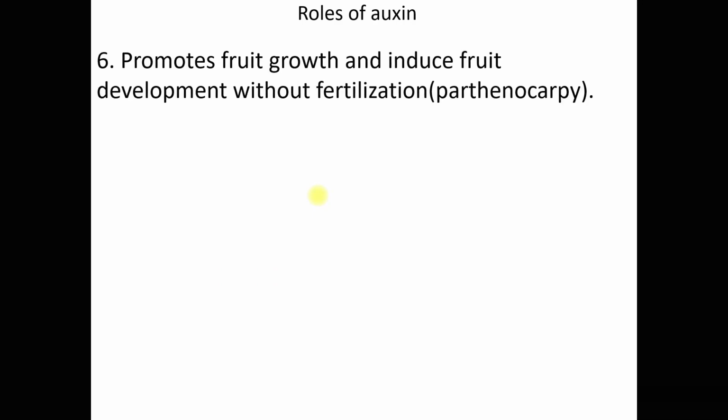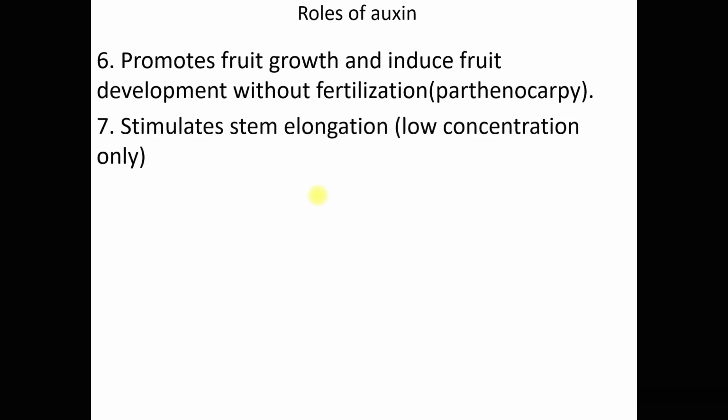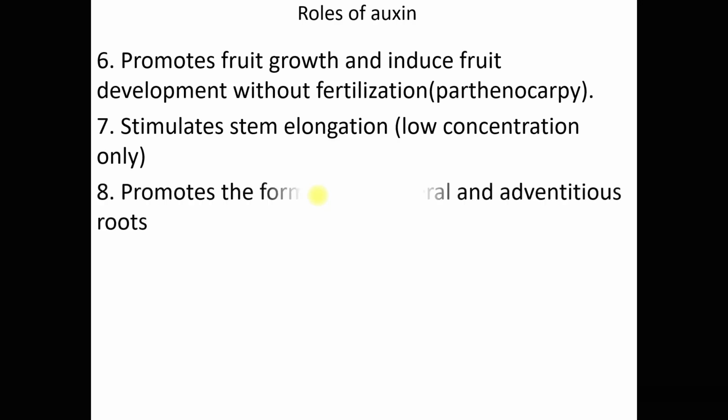Auxin promotes fruit growth and induces fruit development without fertilization, or you can simply say that auxin induces or promotes parthenocarpy, right? Fruit development without fertilization, that is parthenocarpy. It stimulates stem elongation, but this is only at low concentration of auxin.